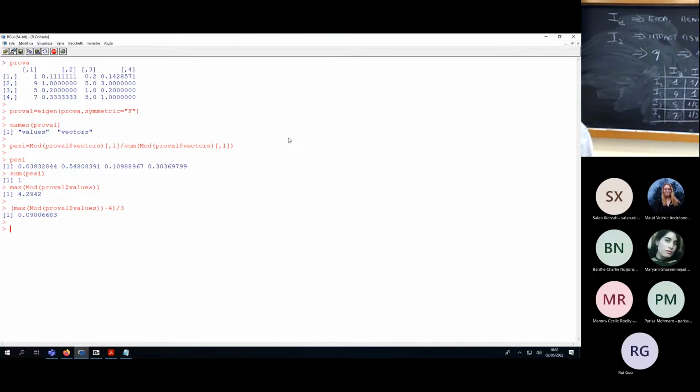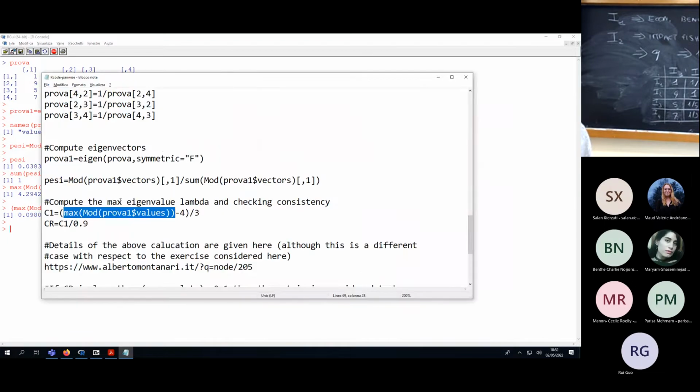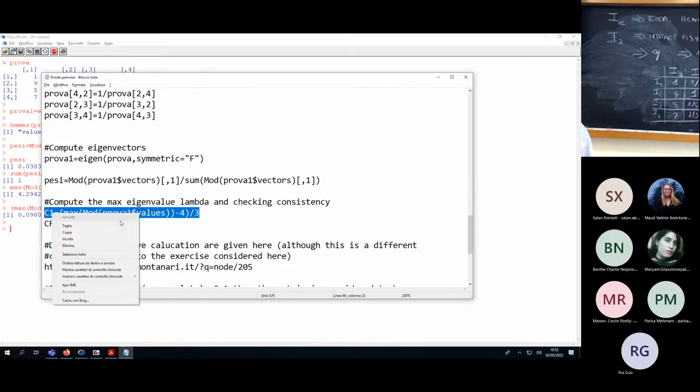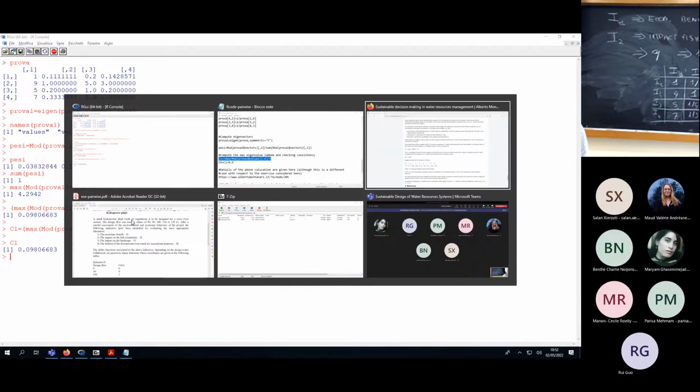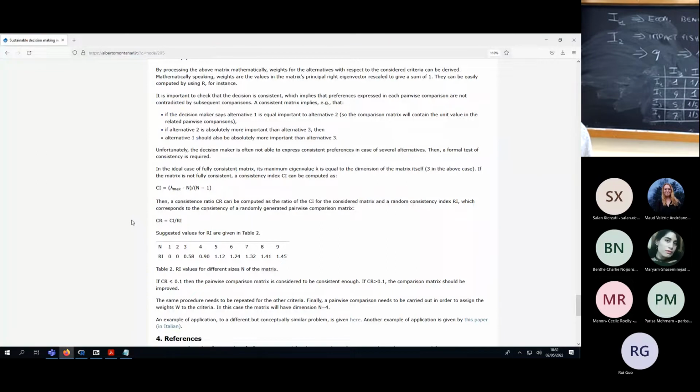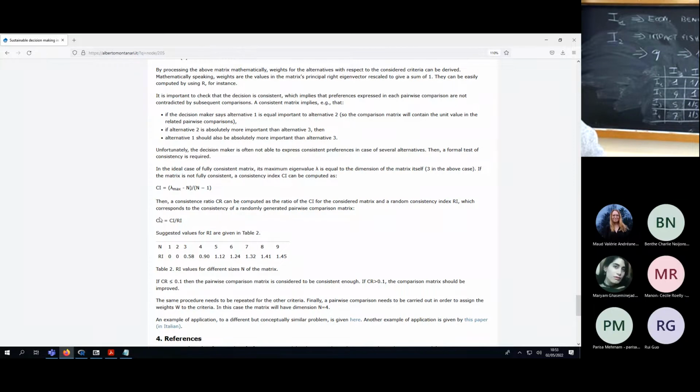Let me go to the code now. You see, it is assigned to C1. And if I make C1, it's 0.09. Very good. What is this? Go back to the lectures. This is the consistency index. But now I have to compute the consistency ratio, which is given by the consistency index divided by RI.